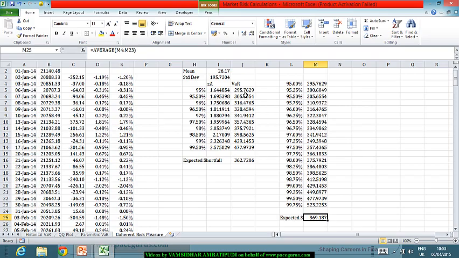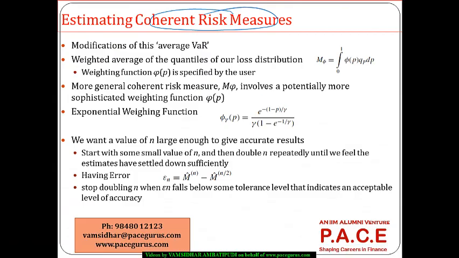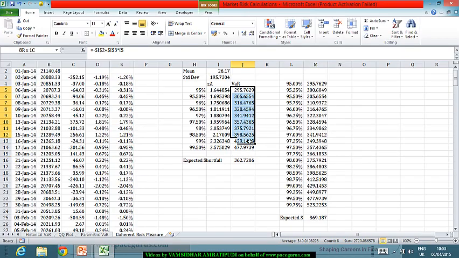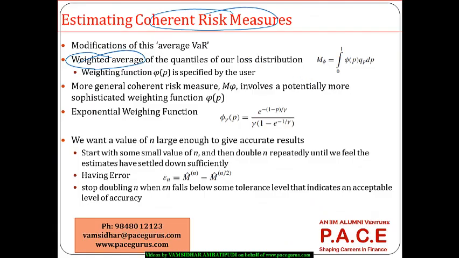Instead of taking a blind average of all these things, they talk about giving different kinds of weighted averages, a different weighted average to the different quantiles of the loss distribution.